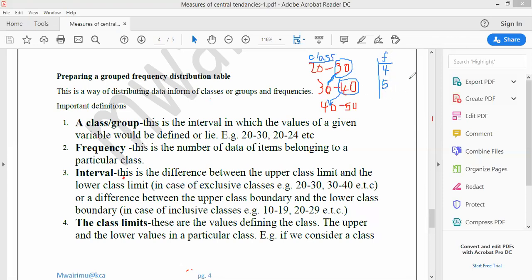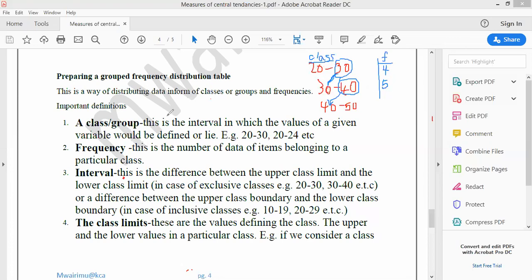You exhaust the data depending on how large the data is, making sure that you record the value appearing as the lower value in each and every class, and you also record the value appearing as the larger value for each and every class. As you count how many data points fall in that class, you are able to determine the frequency of each of the classes represented.